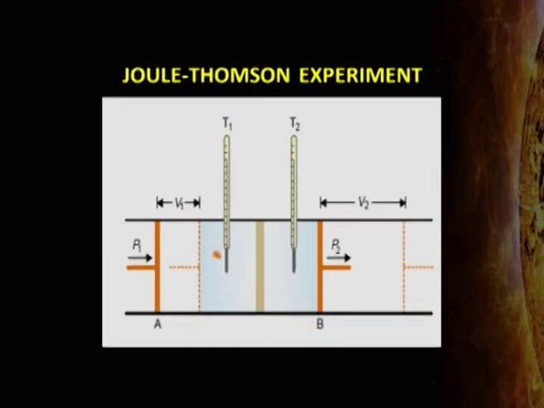Let a volume V1 of the gas at pressure P1 be forced through the porous plug by a slow movement of piston A. The gas in the right hand chamber is allowed to expand to volume V2 and pressure P2 by moving the piston B outwards. The change in temperature is found by taking the readings on the two thermometers.